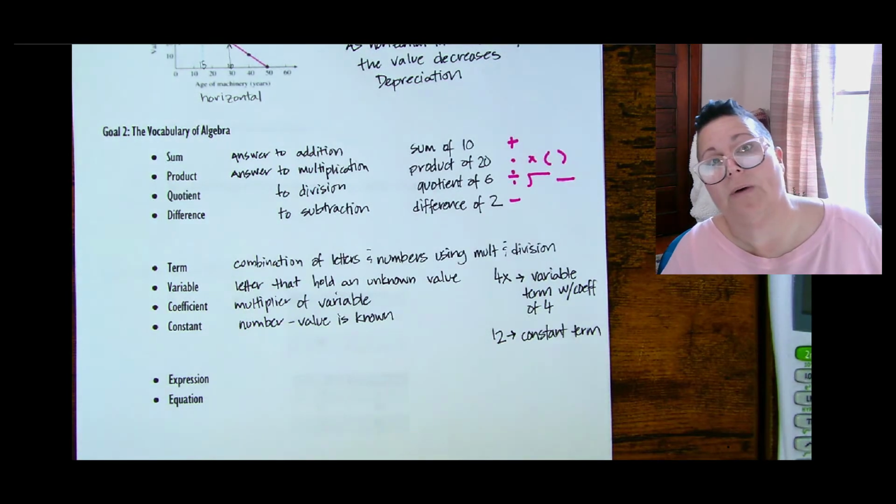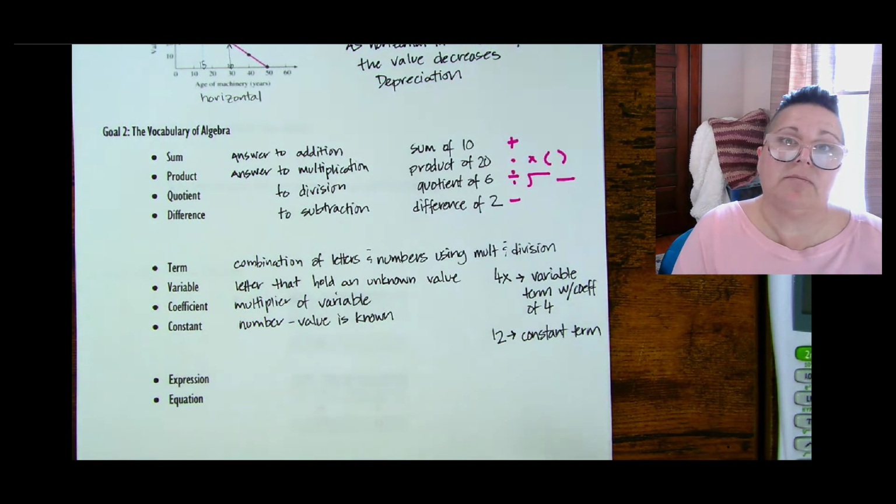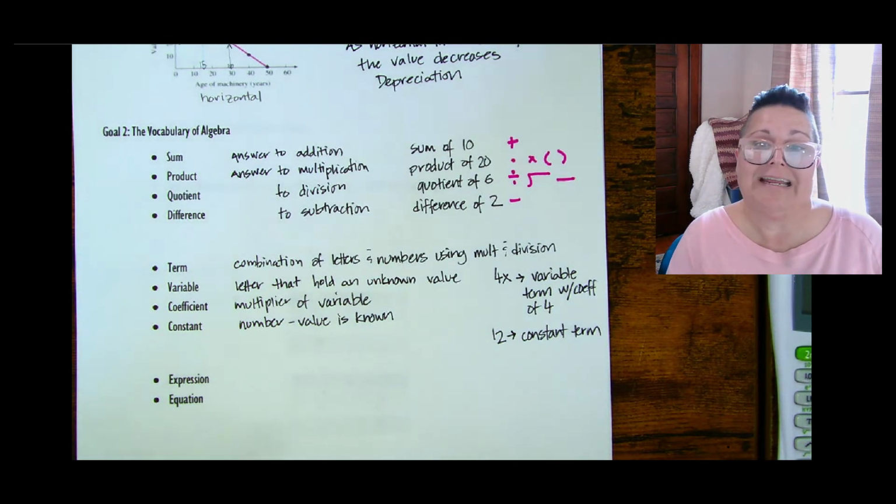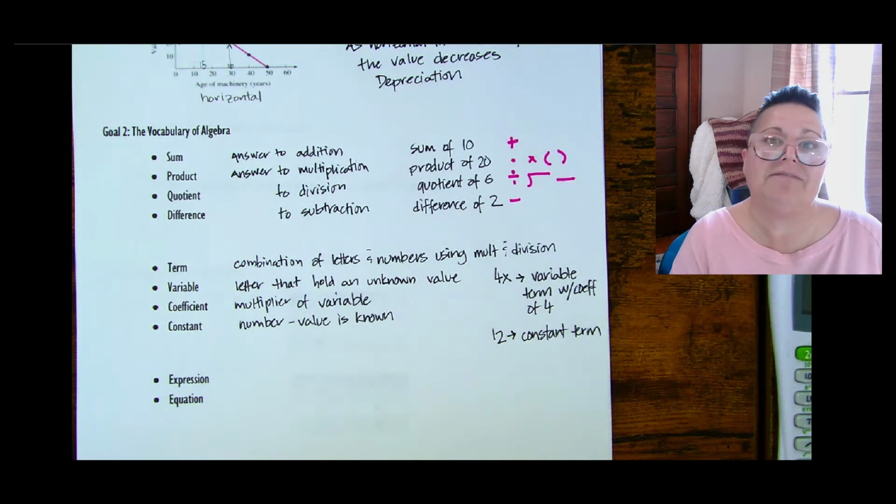It is always worth 12. So a variable term will have a variable in it, such as 4x has a variable of x. And then it will also have a coefficient, in this case, 4.